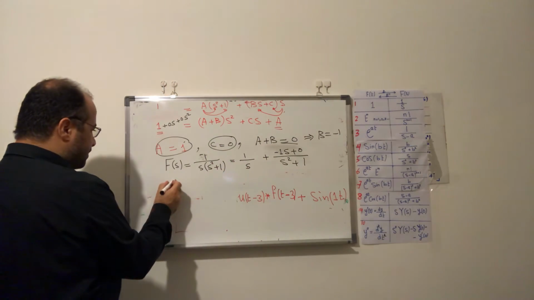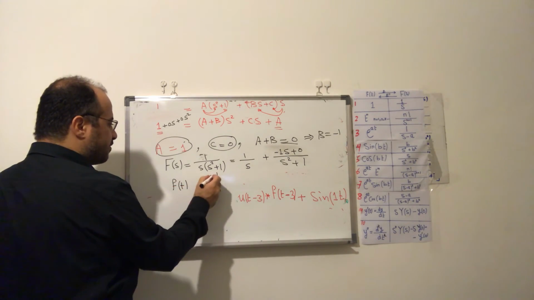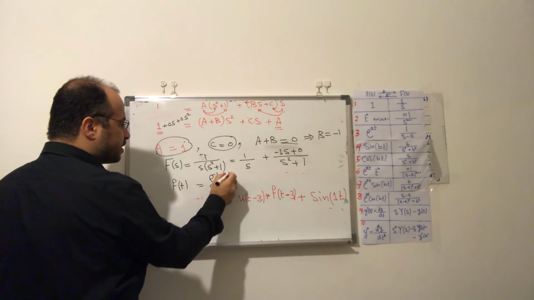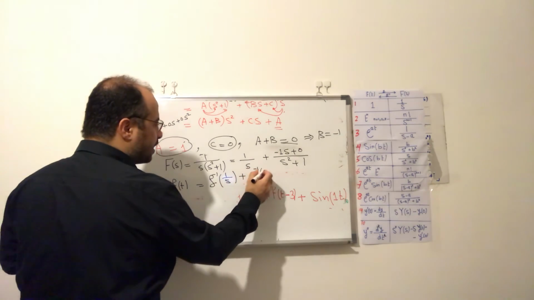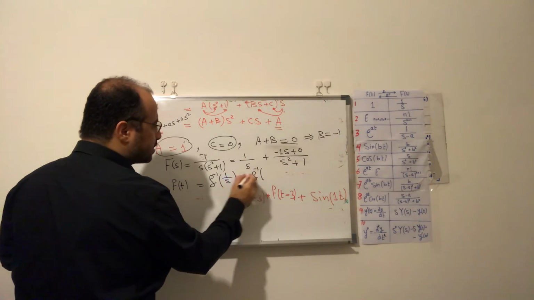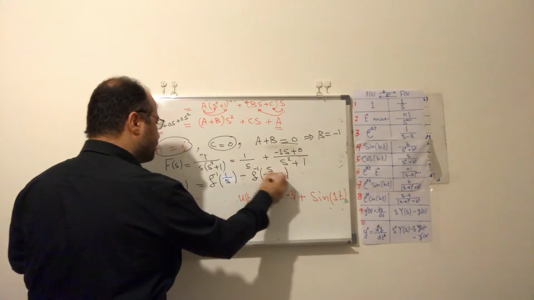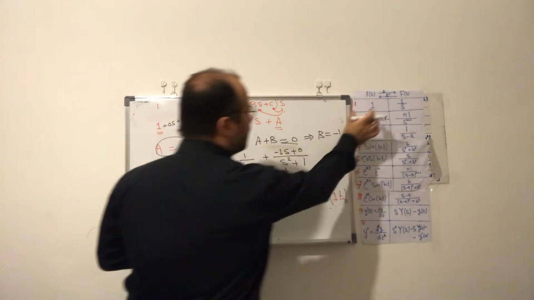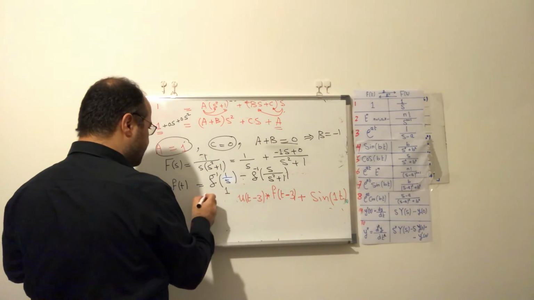If you want f small of t, then this thing is the Laplace inverse of 1 over s, plus the Laplace inverse of that thing. Maybe I take the minus outside here, and here I have s over s squared plus 1. Now it's clear that this one is in the first row, then this thing is just the number 1.